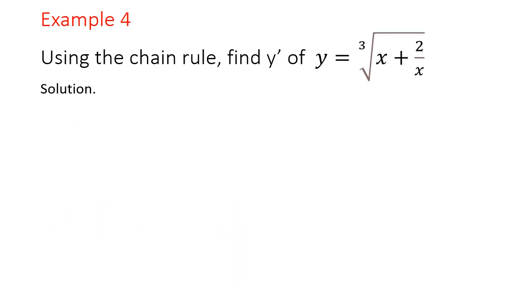Using the chain rule, find y prime of y equals the cube root of (x plus 2) all over x. So the solution is this one. Let u equals (x plus 2) all over x.